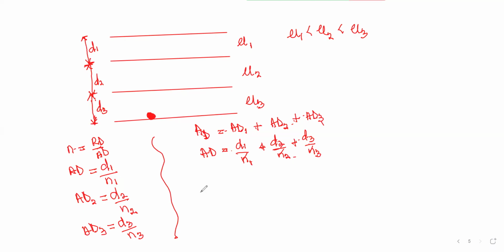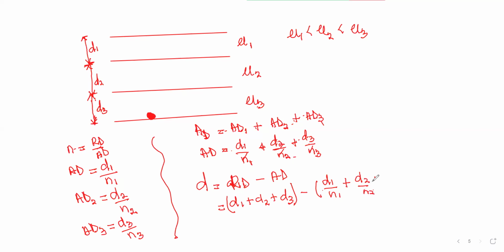How then do I determine the vertical displacement of the spot? The displacement D is the real depth minus the apparent depth. So the real depth is equal to D1 plus D2 plus D3, minus the total apparent depth, which is D1 over N1 plus D2 over N2 plus D3 over N3.